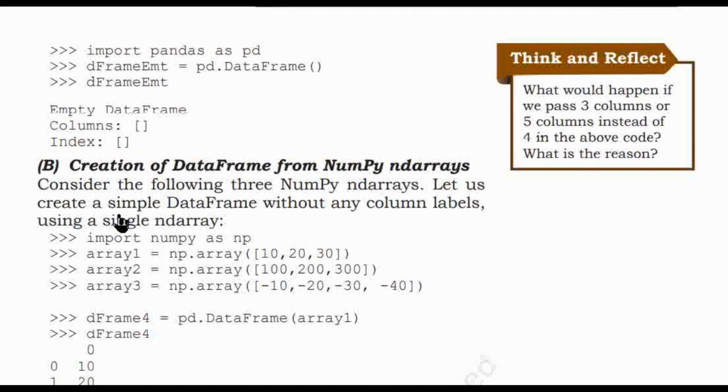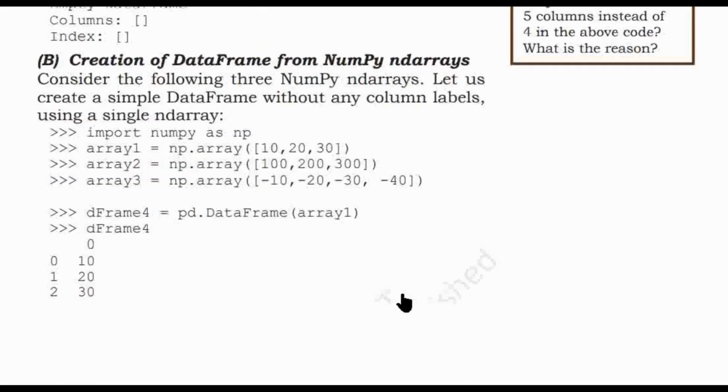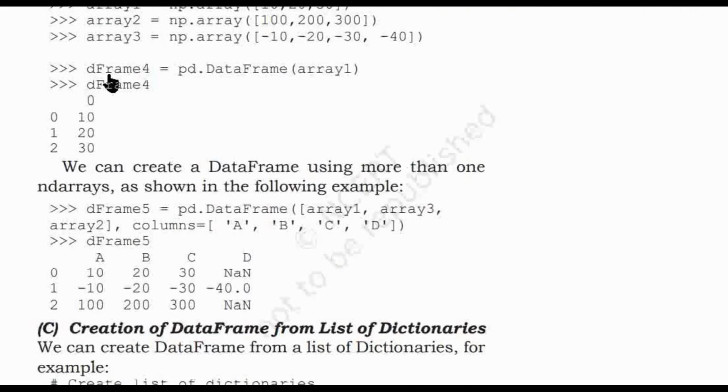Let us create a simple DataFrame without any column labels using a single ndarray. import numpy as np, array1 = np.array([10, 20, 30]), array2 = np.array([100, 200, 300]), array3 = np.array([-10, -20, -30, -40]). dFrame4 = pd.DataFrame(array1), dFrame4, with index 0, 1, 2 and values 10, 20, 30.